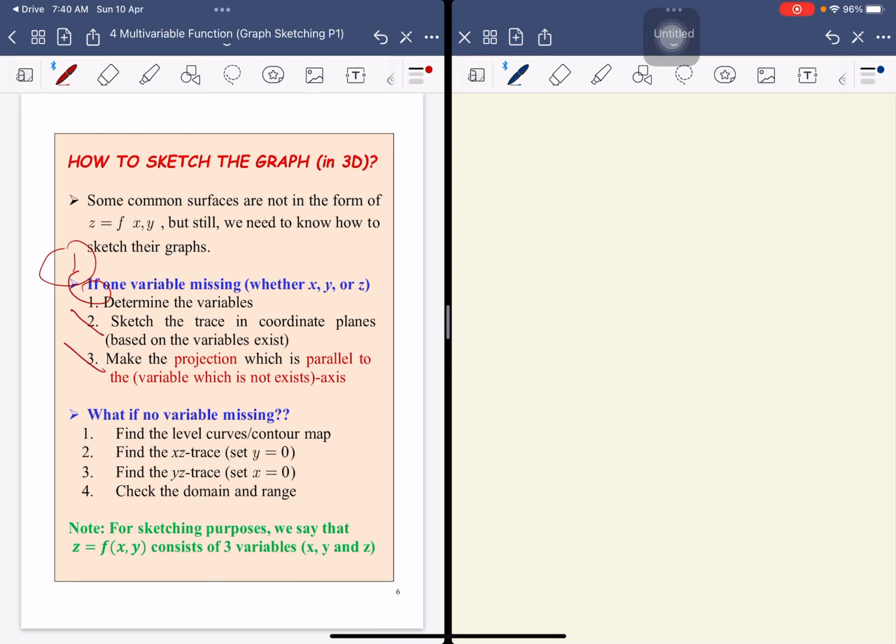The second part is if no variable is missing. Then you sketch the trace for each coordinate plane: the xz plane, the yz plane, and the xy plane. Please remember that the level curve or contour map is actually on the xy plane.